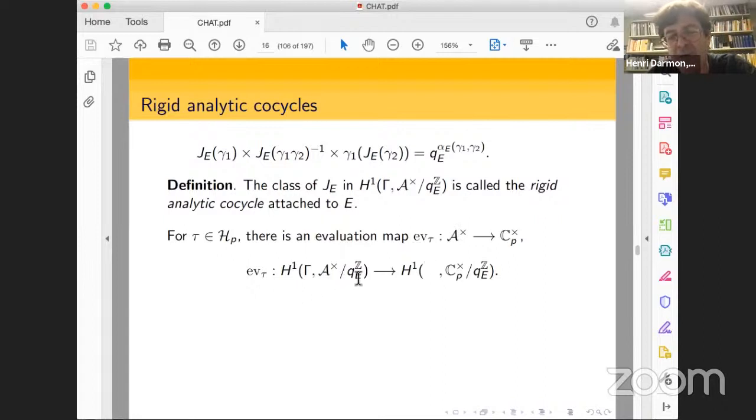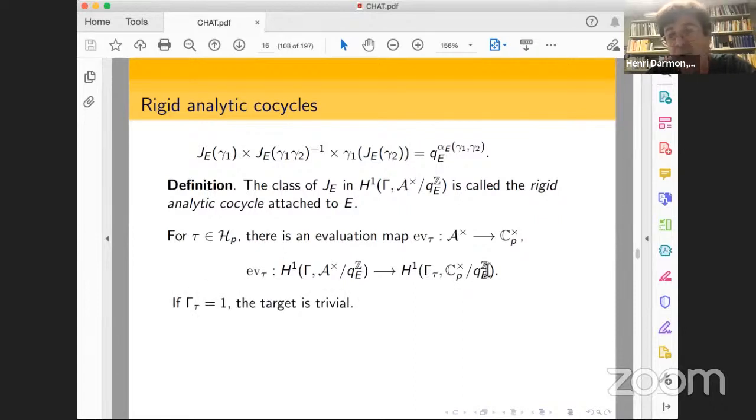You map A star mod q to the Z to C_p star mod q to the Z by evaluating at tau, but you have to be careful because this evaluation at tau is not at all compatible with the action of gamma. But it is equivariant with respect to the action of the stabilizer of tau in gamma. So we really get a natural map to the H1 of gamma_tau with values in C_p star mod q to the Z, where gamma_tau is the stabilizer of tau.